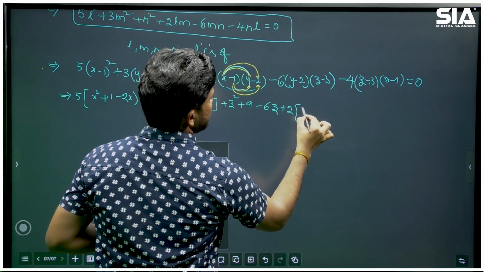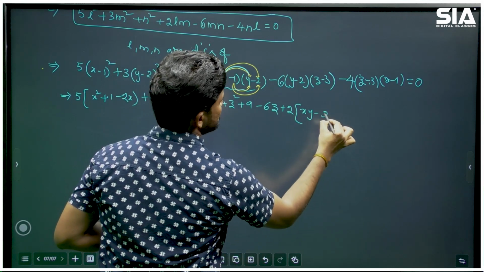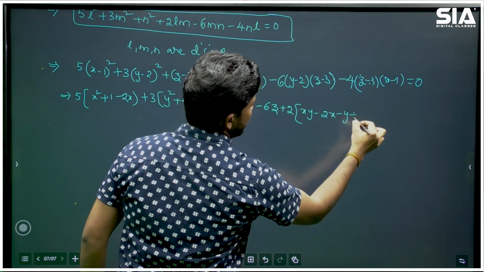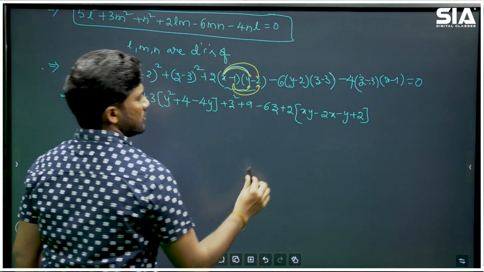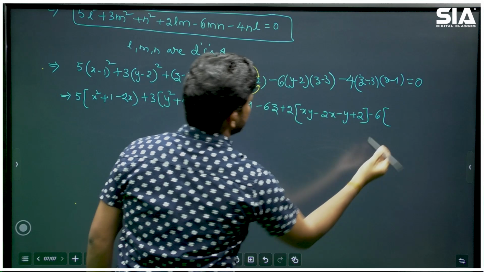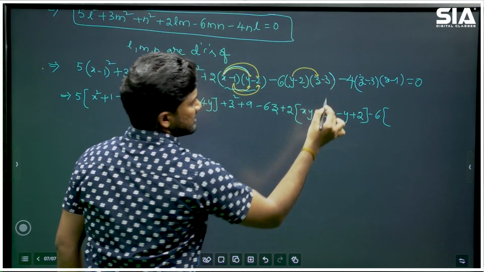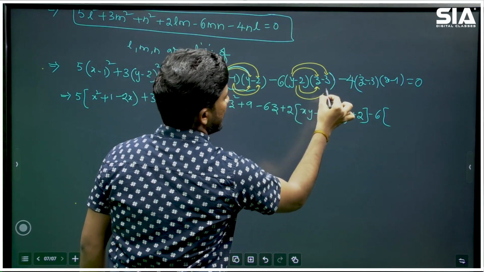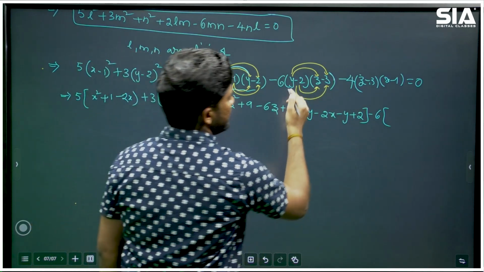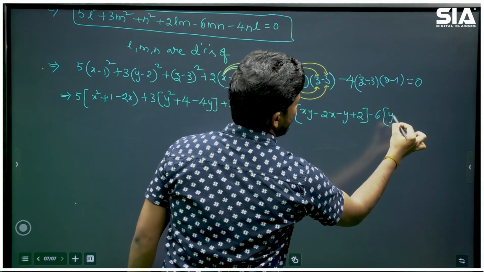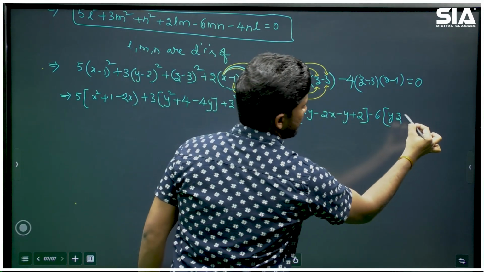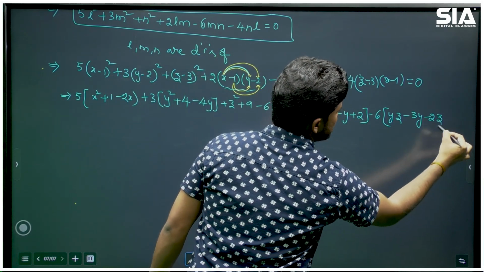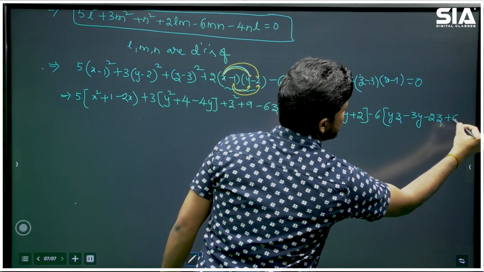So similarly x into y minus 2x, next minus y minus into minus plus 2. Similarly do here also minus 6 into multiply y with z and y with 3 and 2 with minus z and minus 2 with minus 3. So then 6 into yz minus 3y. Next minus 2 into z minus 2z minus into minus plus 2 3s are 6.